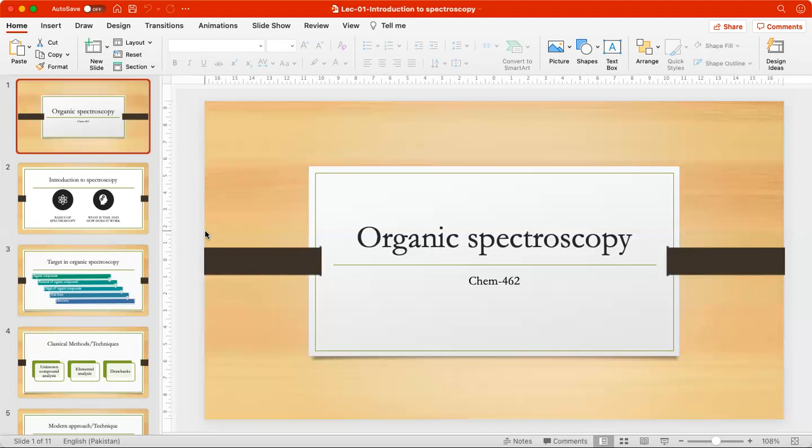Spectron is actually a Latin word which means ghost or spirit. And in Greek, it means to see. We can see light, but we can see the visible light only, and we can observe the light's interaction with different degrees of freedom of the molecule.